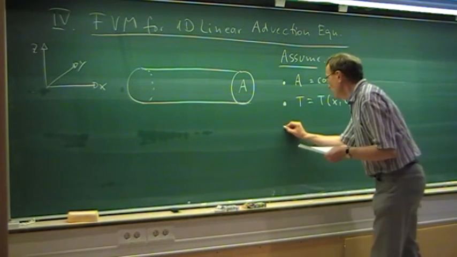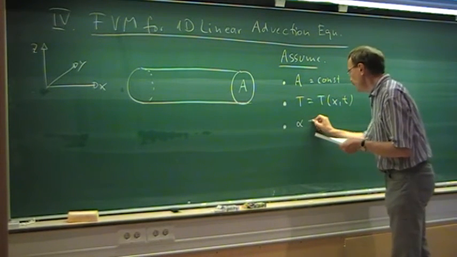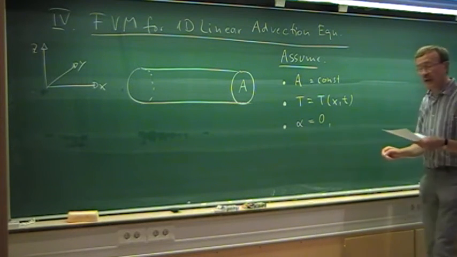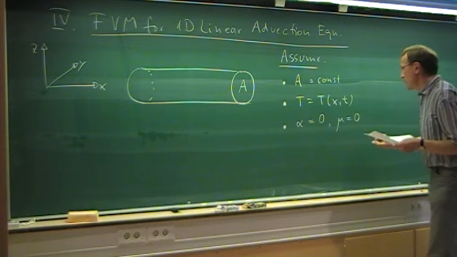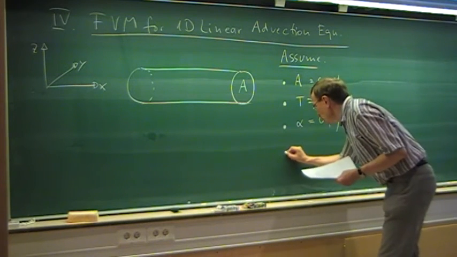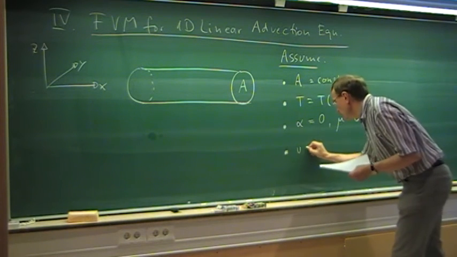We assume that the thermal diffusivity, that means also the thermal conductivity, is 0, so that we don't have heat conduction. And we assume that the viscosity is 0, so we have no heat production or dissipation by viscous effects. They are excluded. And we shall assume that we have a flow moving with a constant velocity u.